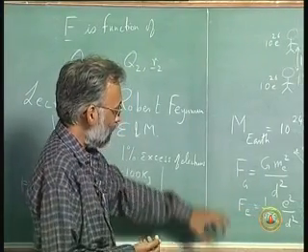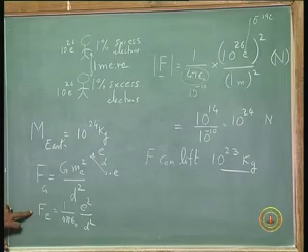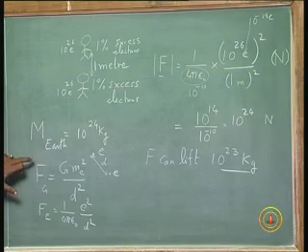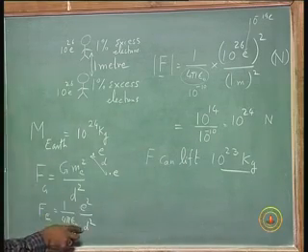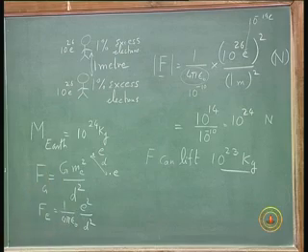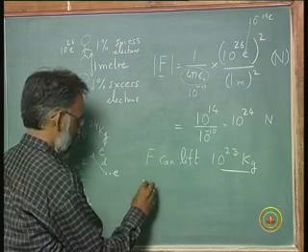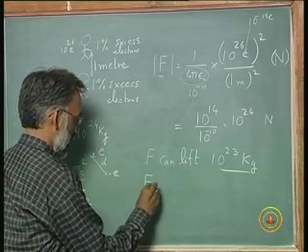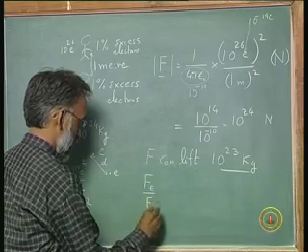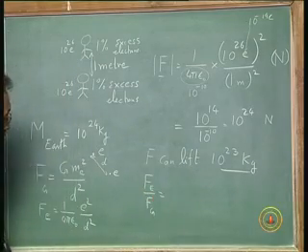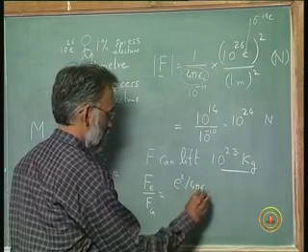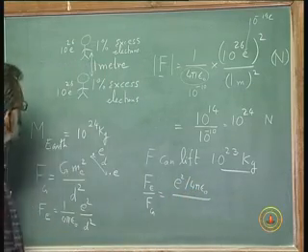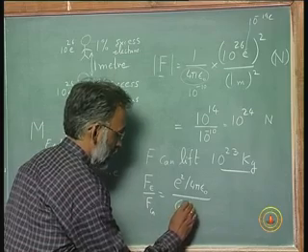So, we can work out how much stronger the electric field is compared to the gravitational field. How much is it? Well, the d squared will cancel out. So, what you get is F electric divided by F gravitation is E squared over 4 pi epsilon naught divided by G times me squared.